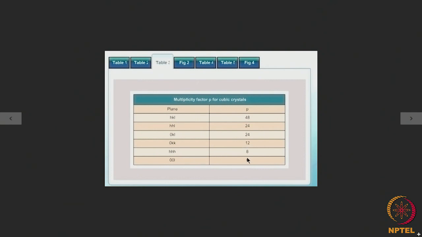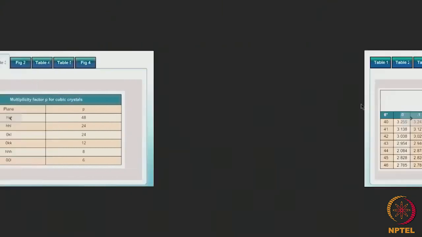HHH type of planes it is 8. For example, for 111 planes the multiplicity factor is 8. 00L planes it is 6. So, 100 plane it is 6, etc. So, using these tables we can calculate the value of F square, we can calculate the value of p, we can calculate the value of V, etc.